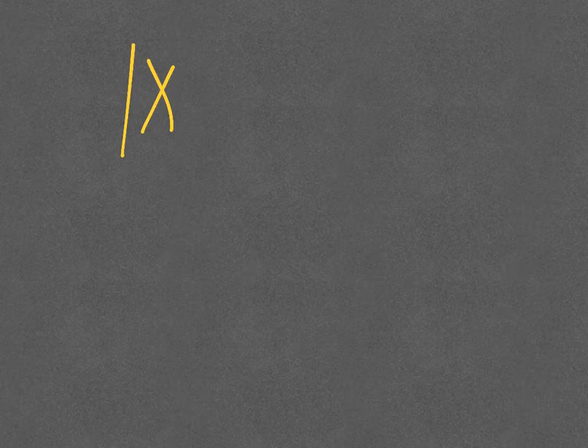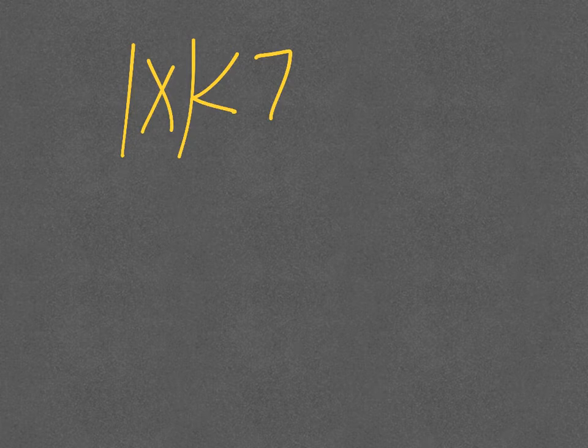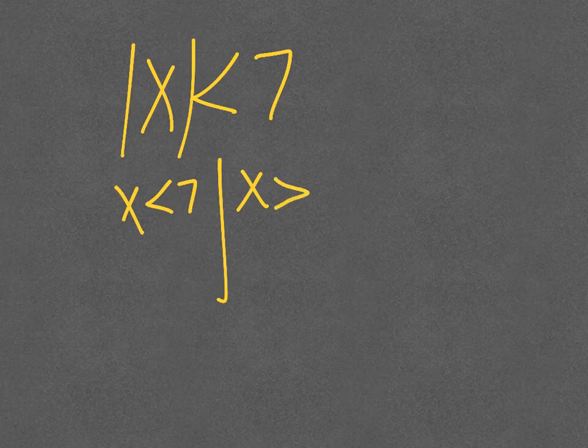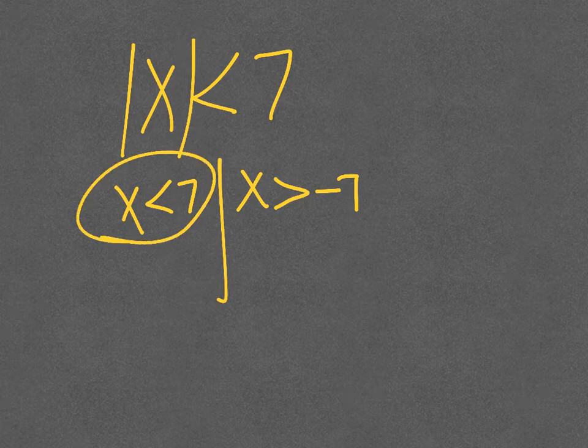All right, so let's just look at the first one. The absolute value of x is less than 7. Nothing's in the yard, right? And it's not a negative, so we're just going to split it. x is less than 7. What do we do with the other side? On an inequality, you know how we always changed it to a negative? Well, we're going to flip the sign and change it to a negative. So these would be your two answers.